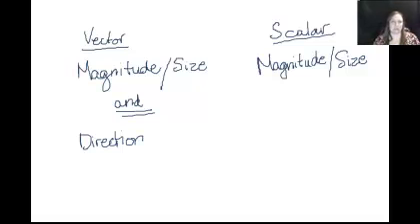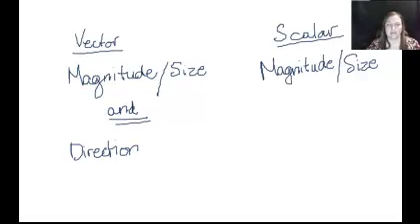Alright, so just to repeat, a vector has a magnitude or size along with a direction, and a scalar has only a magnitude or size. And if that's not clear to you, hopefully it'll be clear in just a moment when I give you some examples of both. Okay, now I want you to keep those definitions in mind, and now I'm going to give you an example.